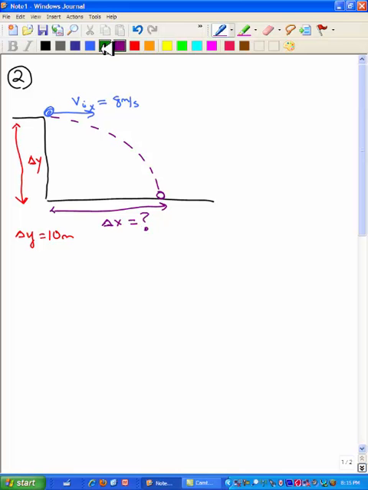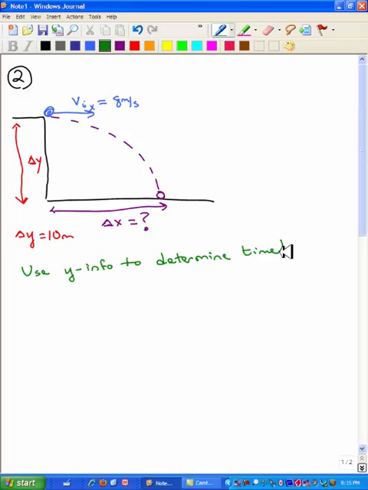Now, let's look at determining time. So use y info to determine time.